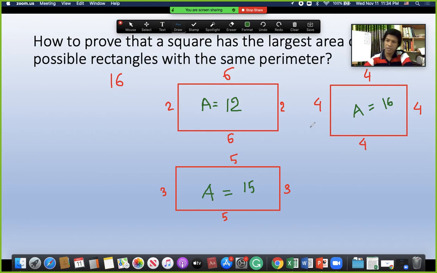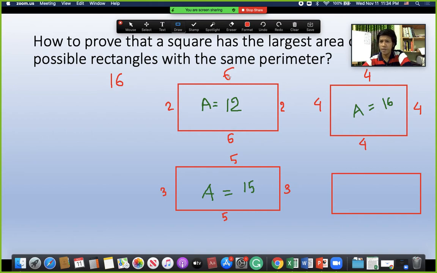Now think about it. Is there any other way possible we can make 16 our perimeter? Suppose the total is 16 and any other combination is possible.